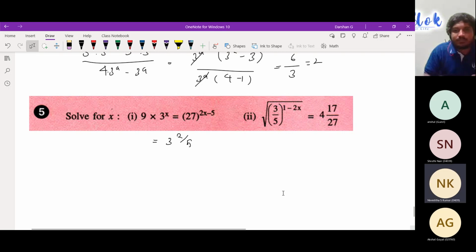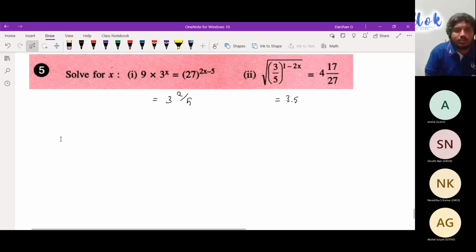So second one is 3.5. Yeah, 3.5. Both land in the 3 series itself. True. So basically, if you guys can solve these kind of questions, I'm sure you can solve any kind of questions. But I have one more question till I think Anshul gets the question from his textbook.